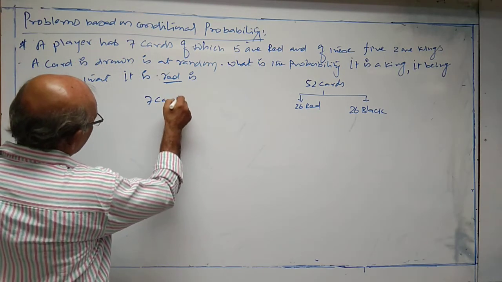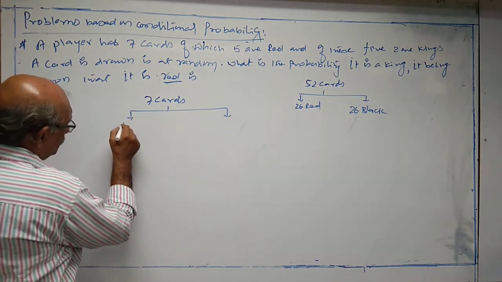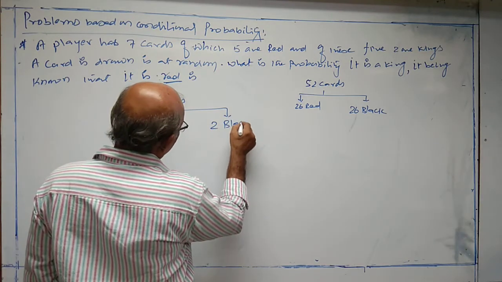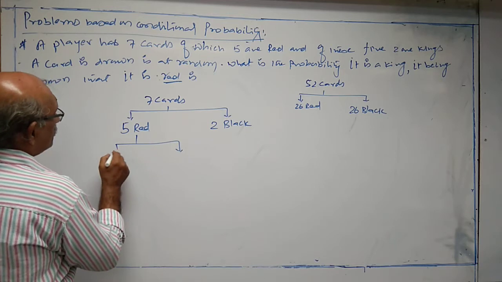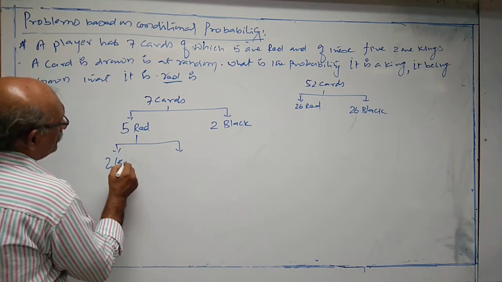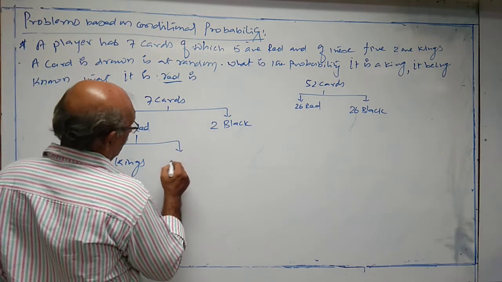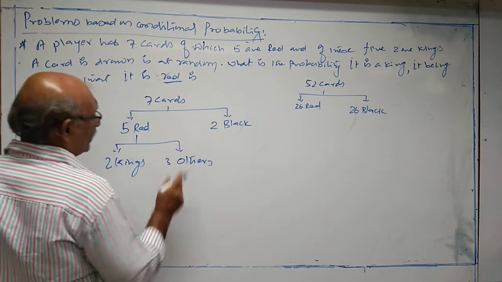So total 7 cards, 5 cards are red, so 2 cards are black. Of these 5, 2 are kings. So remaining others, 3 others.